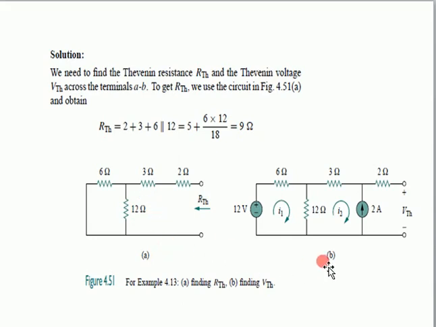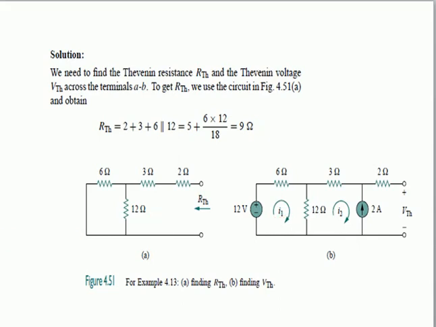Now, in order to find V Thevenin, that is the voltage at the open terminals, we will apply mesh analysis here. For loop 2, I2 is equal to minus 2 ampere, and for loop 1 we will find the equation.